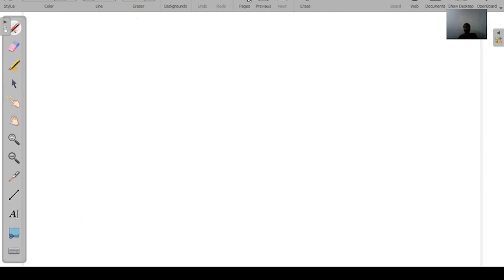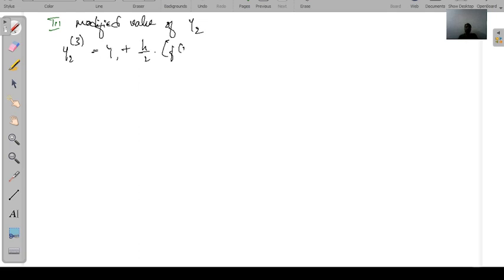That will be the third modified value. The third modified value of y2 is once again denoted by y2 of 3. So the expression is y1 plus h by 2 times f of x1, y1 plus f of x2, y2 of 2. So this is the third approximation.